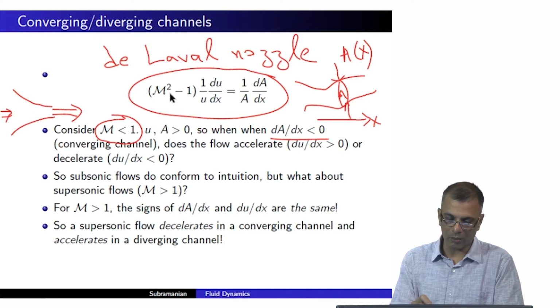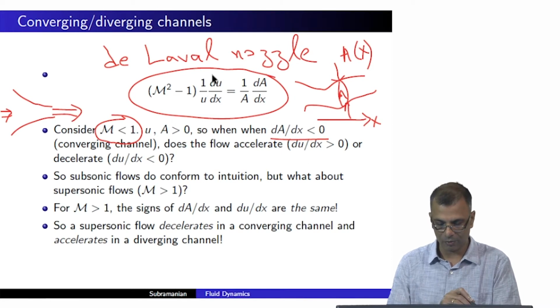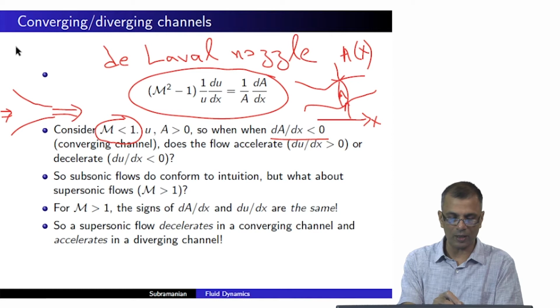You see, when M squared is less than 1, M is less than 1, this quantity is negative. Therefore, when this quantity is negative, then this has to be positive. Okay, so the flow accelerates when dA/dx is less than 0, and the flow decelerates when dA/dx is greater than 0.